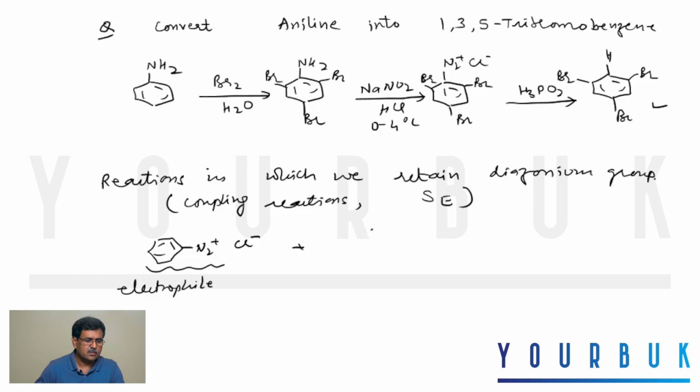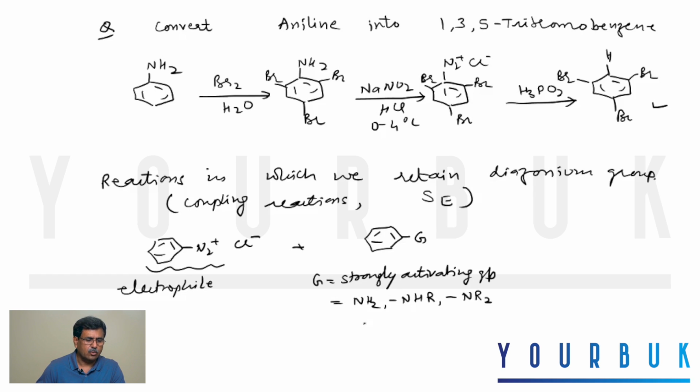So we are using an aromatic compound containing a strongly activating group G. So G stands for a strongly activating group. It may be NH2, maybe NHR, maybe NR2, OH, or it can be OR.